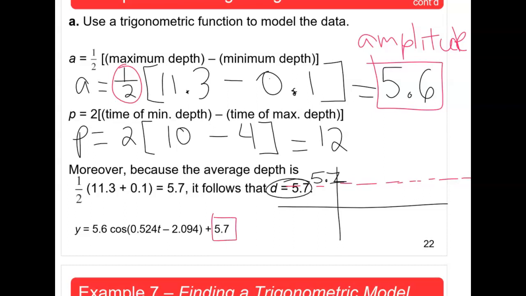So that will be 5.7. Why do we add and divide by 2, or multiply by 1/2? Because we're finding the average between the maximum and the minimum. For amplitude, it was actually the difference, because we are finding half of the distance between the minimum and the maximum. So amplitude is half of the distance, and for the midline, we use the average of the maximum and the minimum.